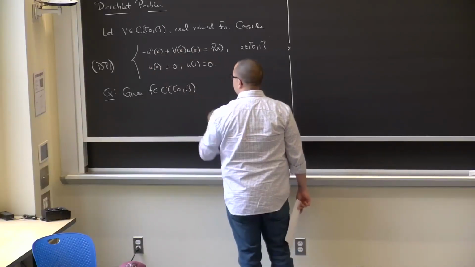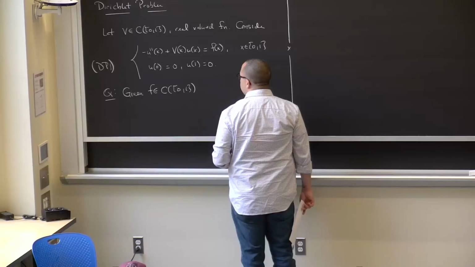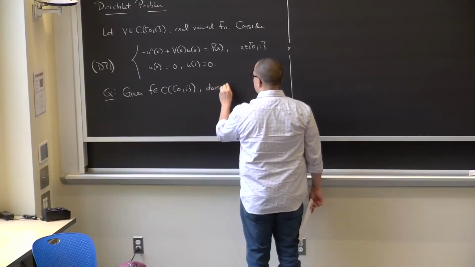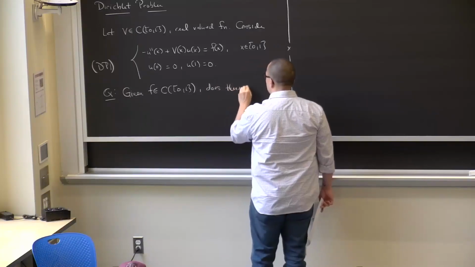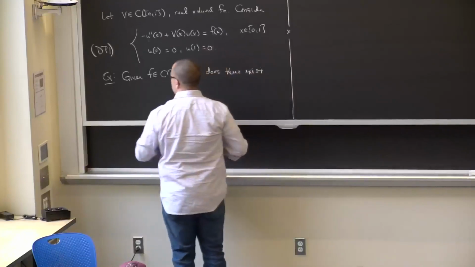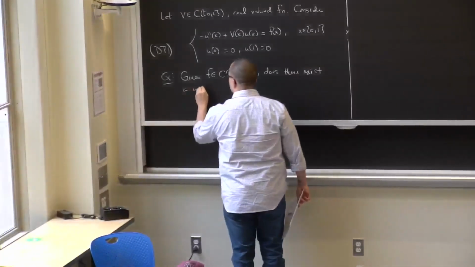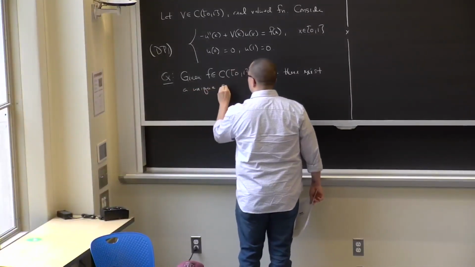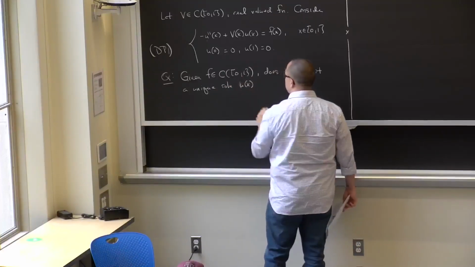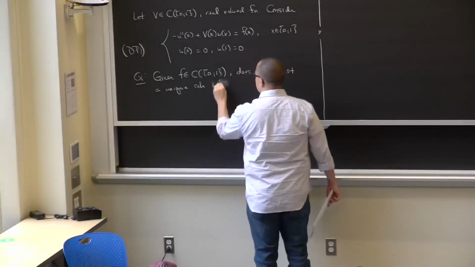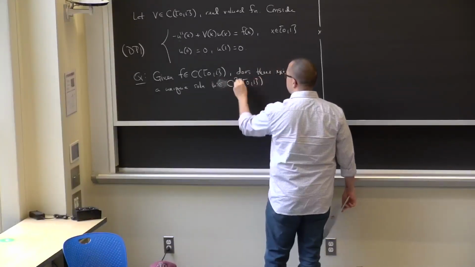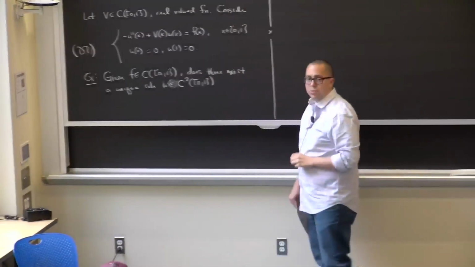So given f, a continuous function, does there exist a unique solution u of x in C2 of [0, 1], C2 meaning two continuous derivatives?